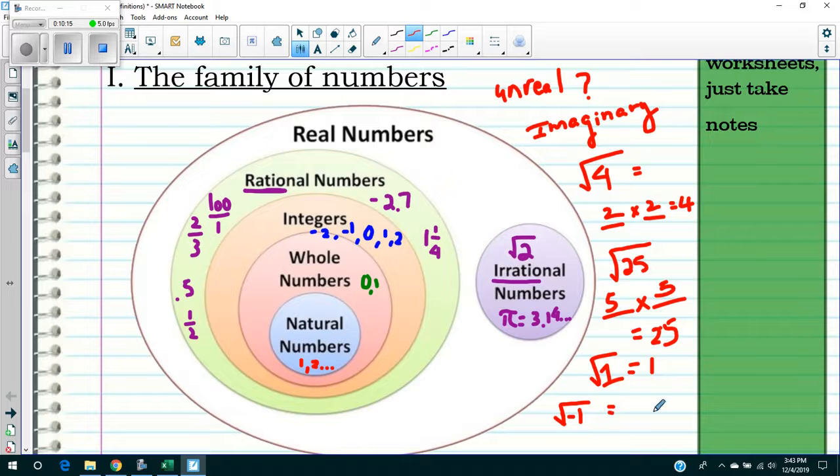And the answer is, well, there isn't any, right? Because 1 times 1 is 1, and negative 1 times negative 1 is also 1. So again, now we're going into 7th grade territory. So what they do is they would use the letter i to denote that this is an imaginary number. It doesn't exist for the sake of math, okay?